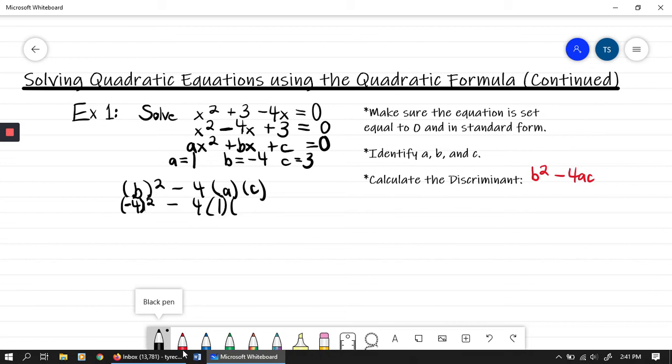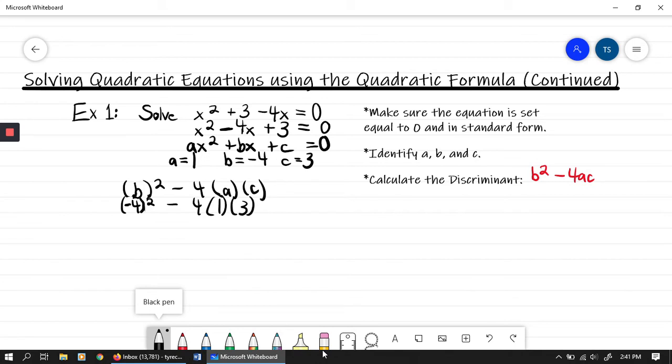My suggestion is to go ahead and calculate the b squared first. Now, you see how I've got this -4 in parentheses? Guess what, folks?